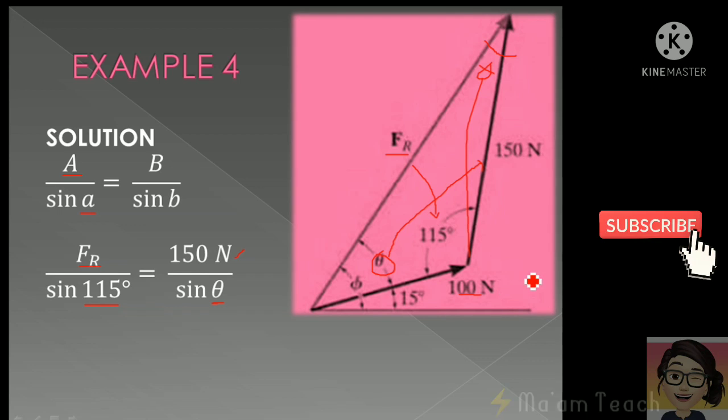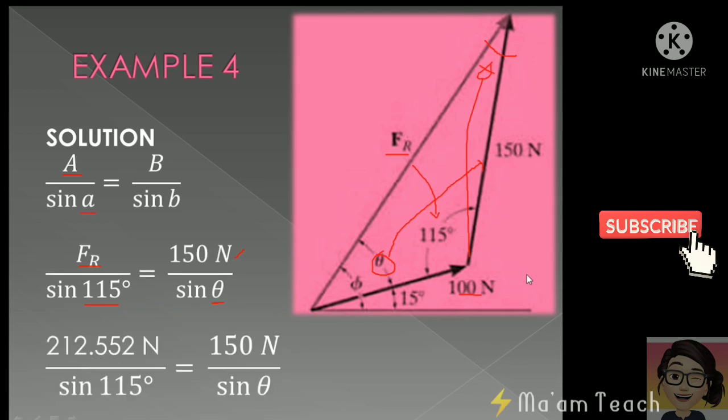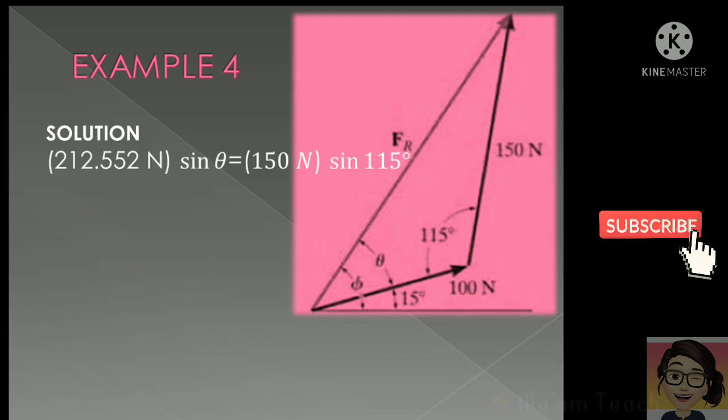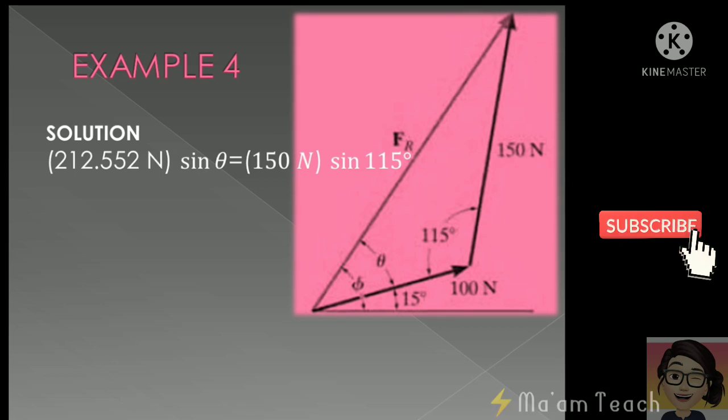Now, substituting the value of the F sub R, 212.552, we'll have that equation, and then cross multiplying, we'll have this equation here. Since our target is the value of the theta, we will divide both sides of the equation by 212.552, and it will look like this.